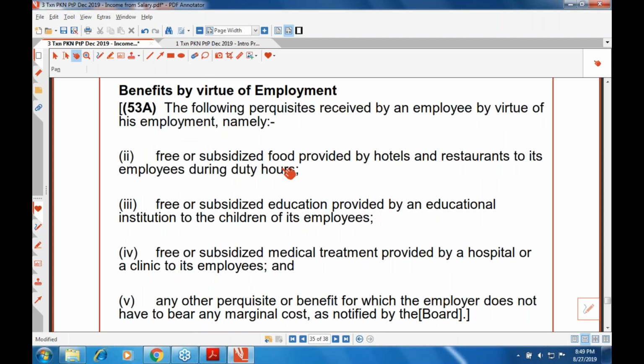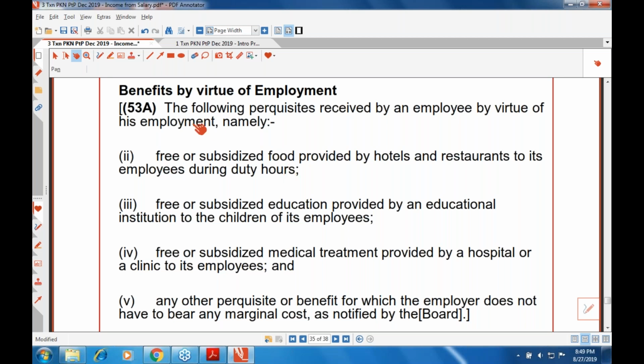Before we discuss, I'm going to give you a brief overview. When you work for a company, a lot of companies give you free education for your child, free hospital facilities, and free mess facilities at the company. So there are a lot of things that the company provides during the course of employment.